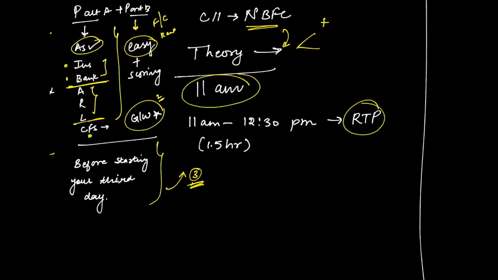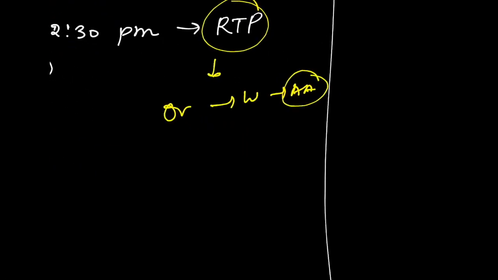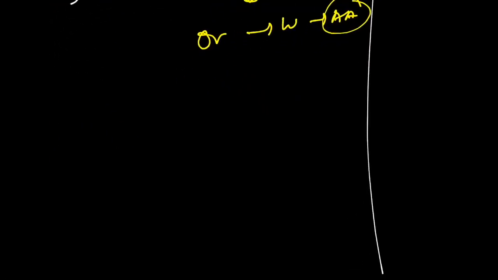The reason why we have kept it on the last day is that we'll be able to get an overview of the whole syllabus of advanced accounts. It may happen that some students will prefer to complete the RTP alongside the chapter's revision.